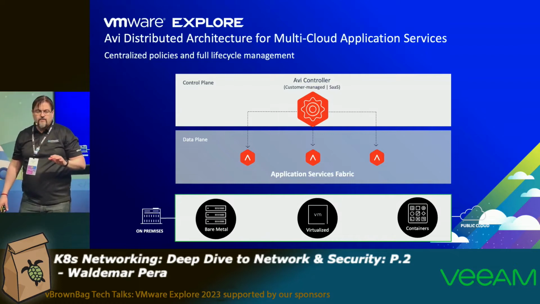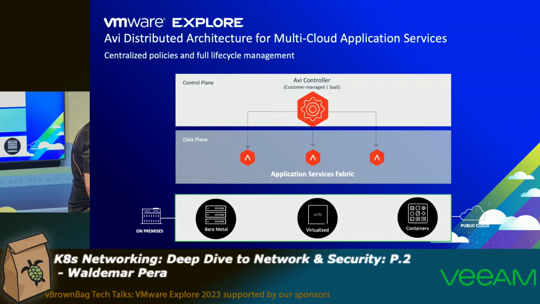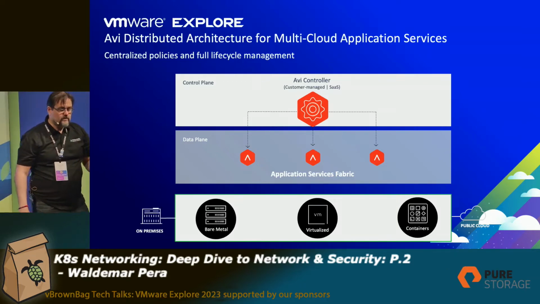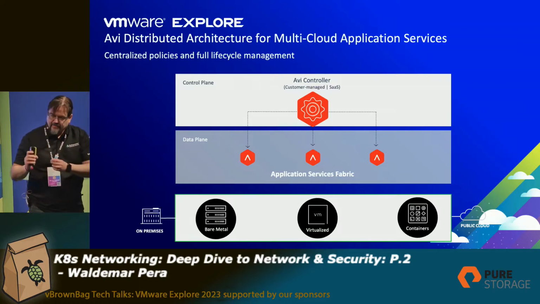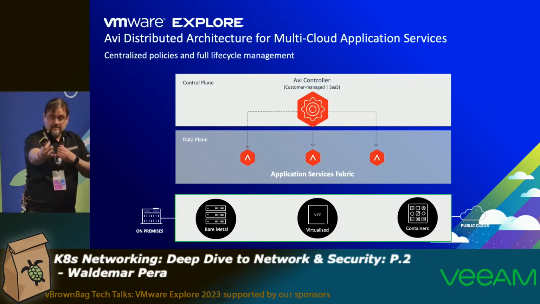What is the requirement for the endpoint to use AVI? An IP. A VM? No. Every endpoint with an IP address that I can see from the data plane is a chance to deliver my service.